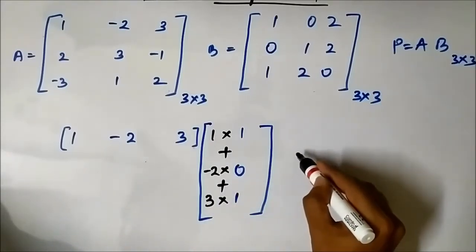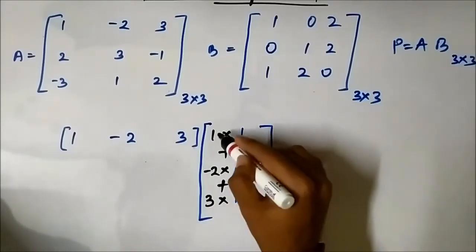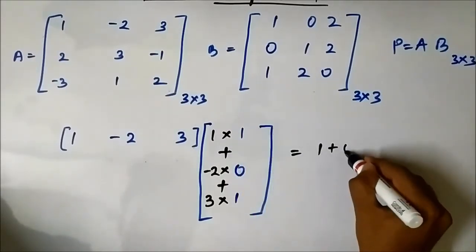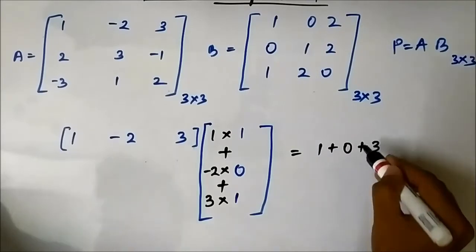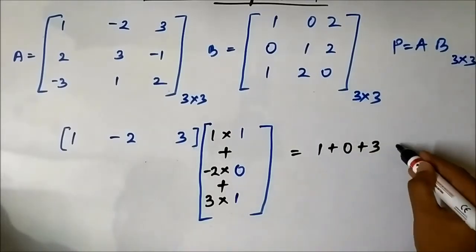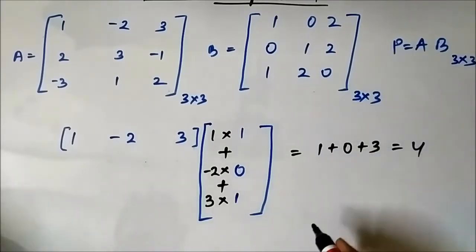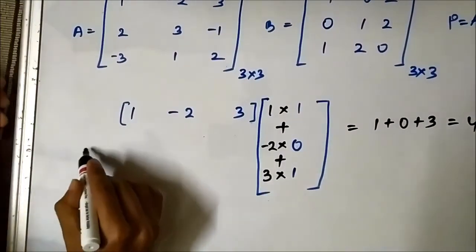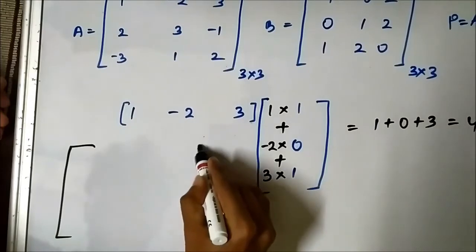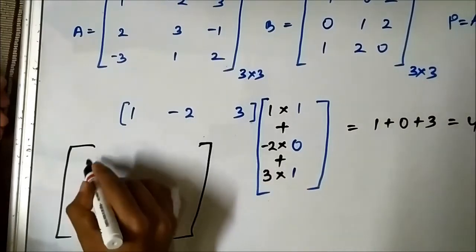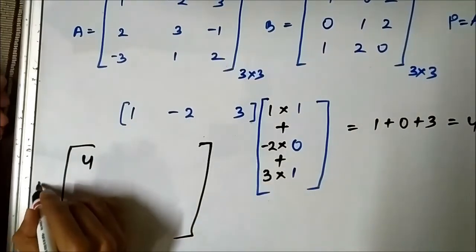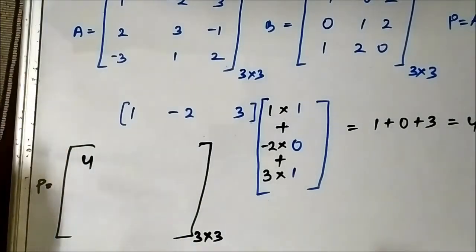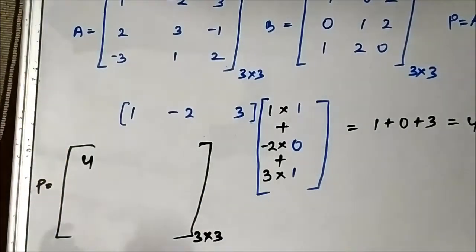So the result is 1 plus 0 plus 3, which is equal to 4. This gives us the first element of the 3 cross 3 product matrix, 4.